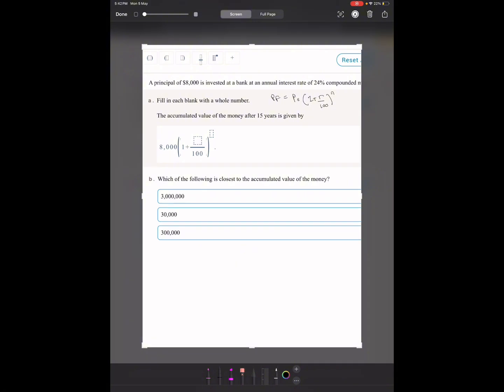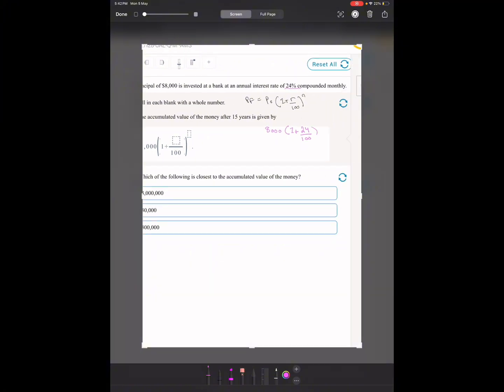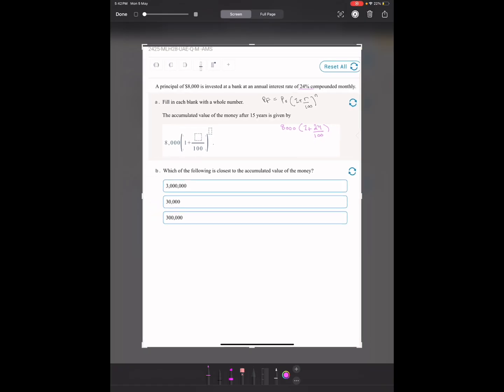They told us a principal of 8,000 is invested at the bank. So 8,000 times 1 plus r, which is 24%, over 100 to the power of 15, because this is the time.